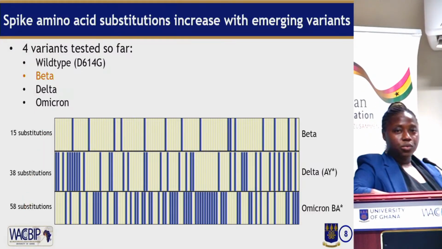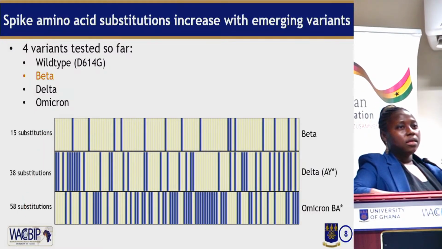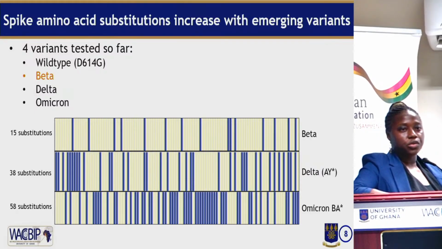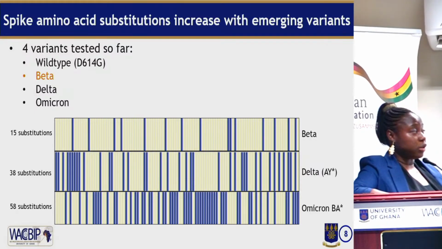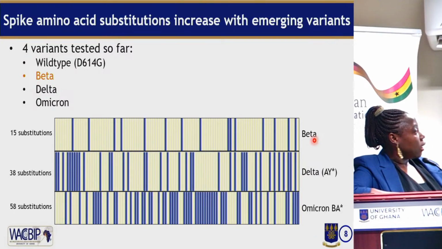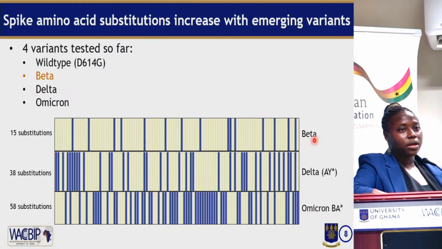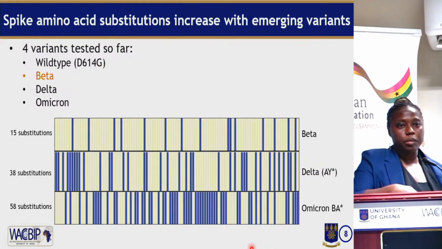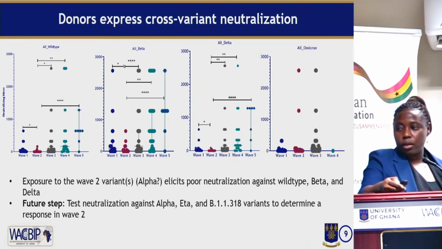Which is logical, because as new variants come up, they have more mutations from the original. So Beta will look more like the wild type, closer to it than Omicron, which came later. This is something we also have to keep in mind as I show the data.